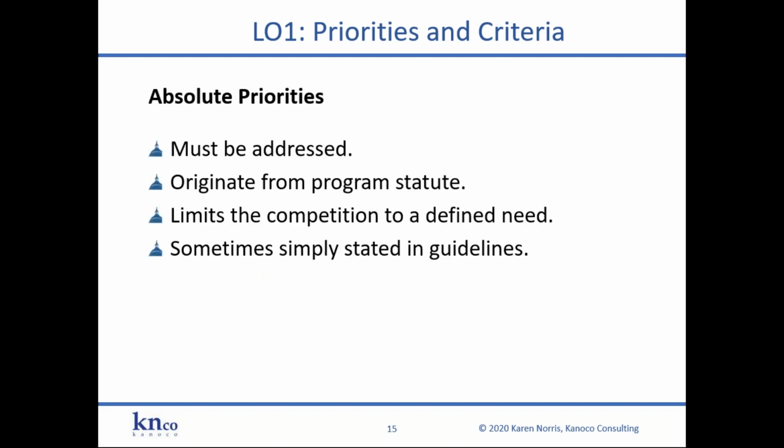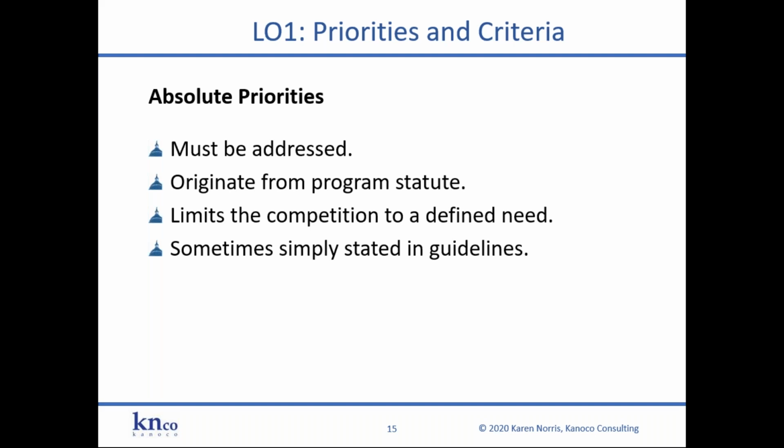The absolute priorities, just as its name indicates, must be addressed. You cannot win a grant if you don't address the absolute priorities. So this is the wording that comes from the program statute, and it will limit the competition to a defined need. And what's tricky about the absolute priorities is oftentimes they are simply stated in the solicitation guidelines, maybe one sentence.